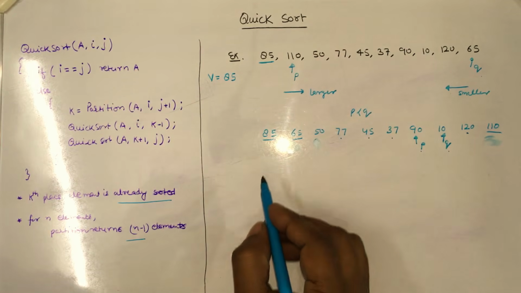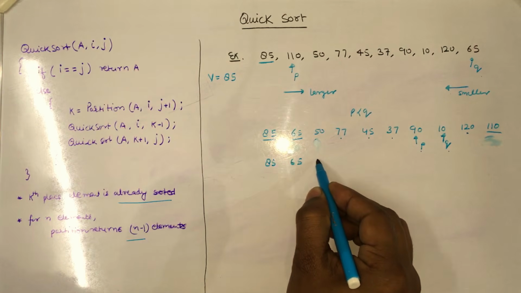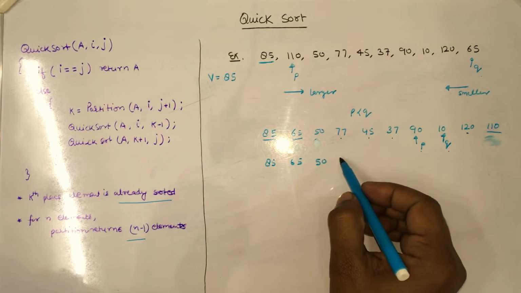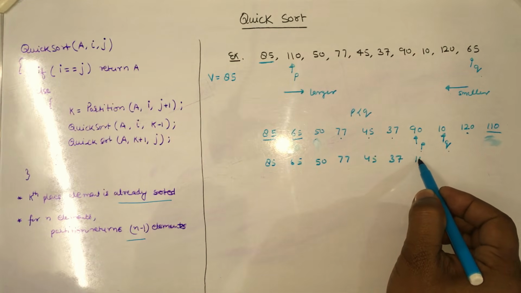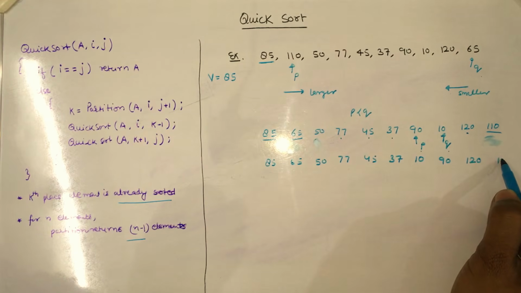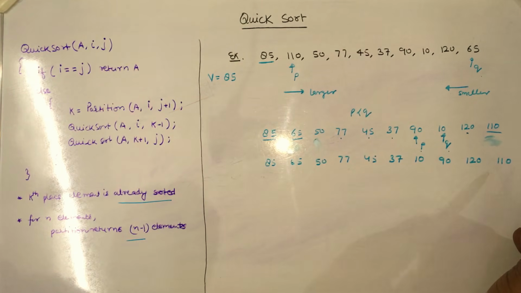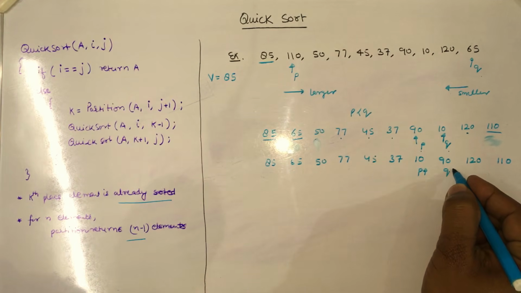So swap. In the next iteration, it is like 77, 45, 37. It will become 10. It will become 90. Then 120. Then 110. Okay. Now P is pointing here and Q is pointing here.